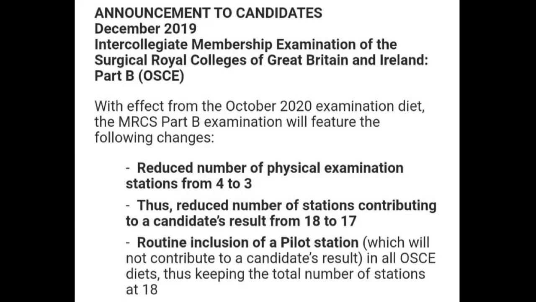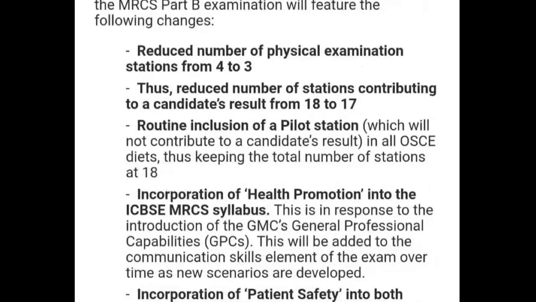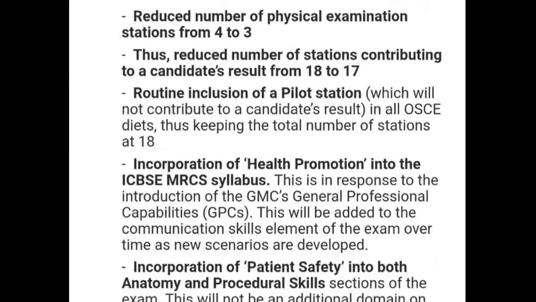So starting from October there will be changes, like a reduced number of physical examination stations from 4 to 3, and I think we cleared this. Also, the number of stations will be 17, not 18, and a routine inclusion of a pilot station will not contribute to the candidate's result.